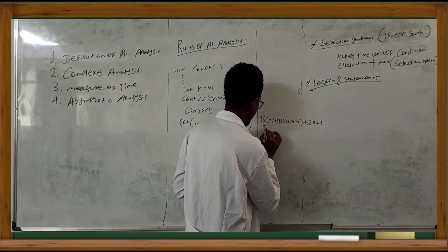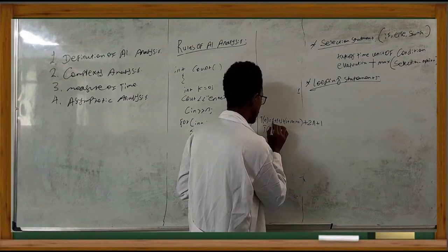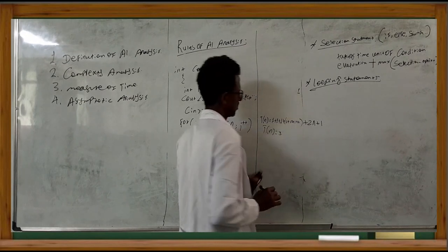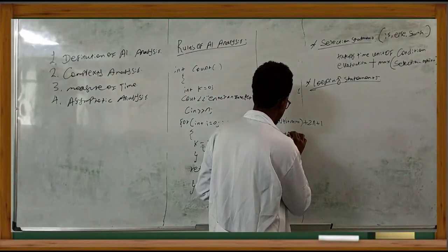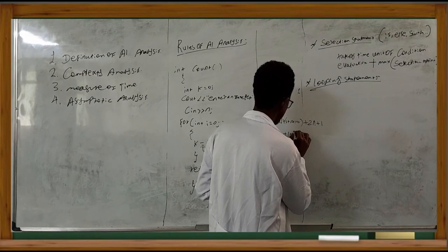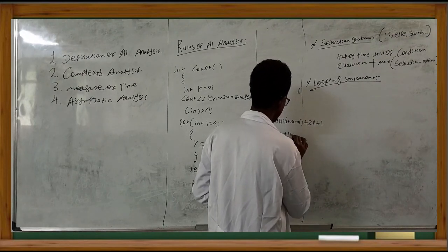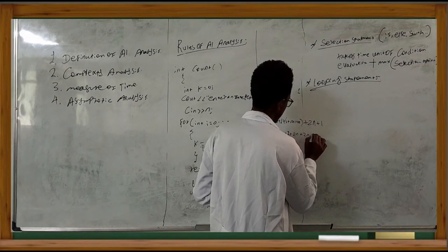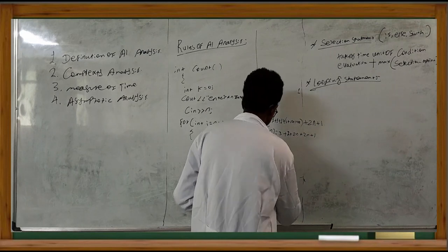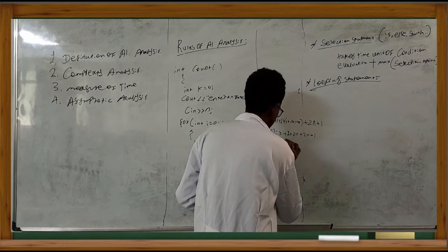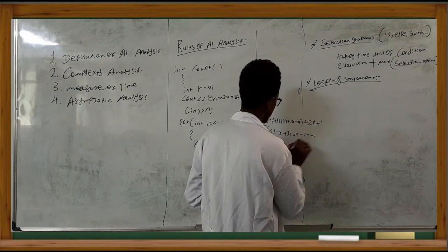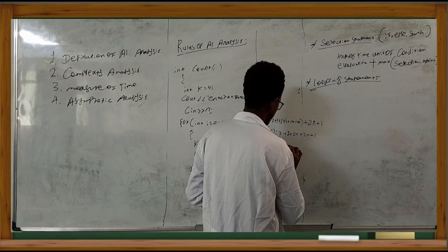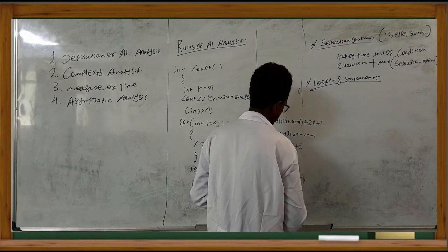So what? Let T of n equal 1 plus 1 plus 1, 3 here, as you see, plus 1 plus, actually here we can say 2 plus 2n plus 2n plus 1. 2n plus 2n, T of n is equal to 3 plus 2, 5 plus 1, 6, 2n plus 2n, 4n plus 6.